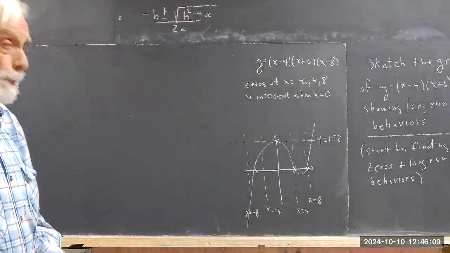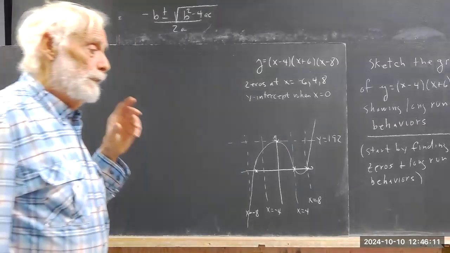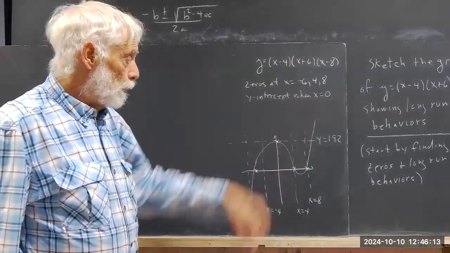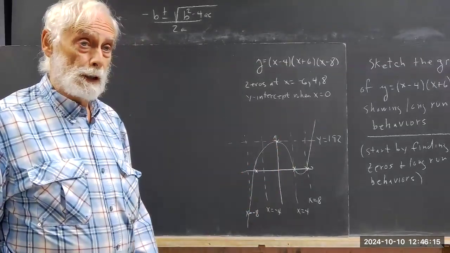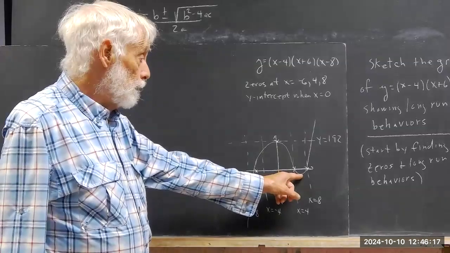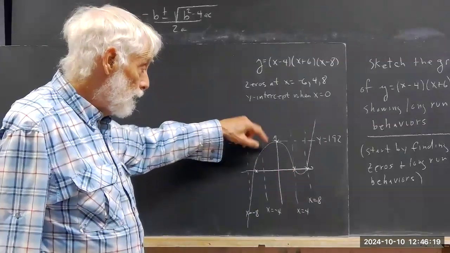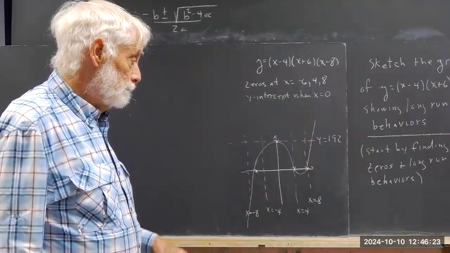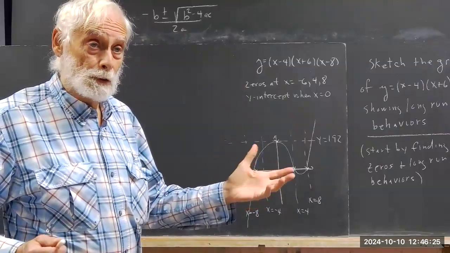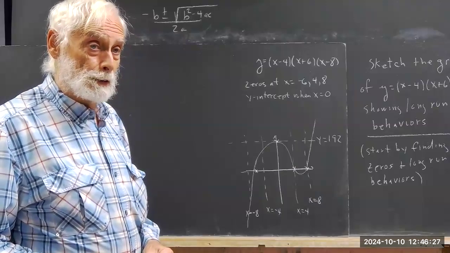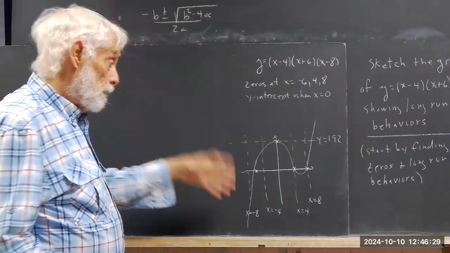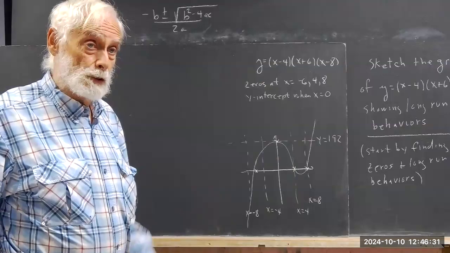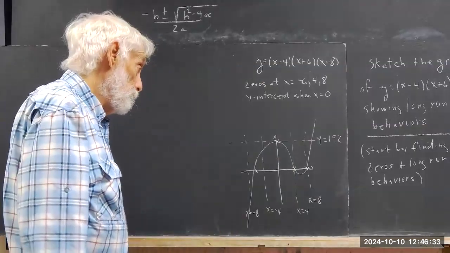But we don't worry too much about that. You learn quite a bit more about these graphs when you take calculus, like figuring out the top high point here. You get the slopes, and it's all pretty easy once you learn a little bit of calculus. But for right now, we just want to get this shape and be able to talk about these things.